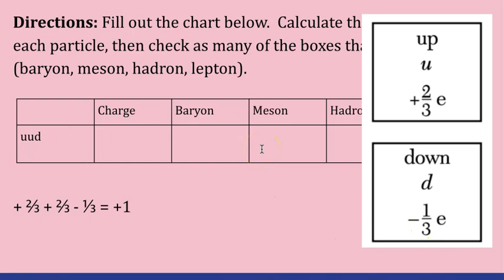So when I go to calculate the charge, I'm doing plus 2/3, another plus 2/3 because I have 2 of the up quarks, and then a minus 1/3. I can put that in my calculator and it should give me positive 1. When I write that in the chart, I'm writing plus 1e because both of these charges have the unit e for elementary charge. So it's positive 1 elementary charges.